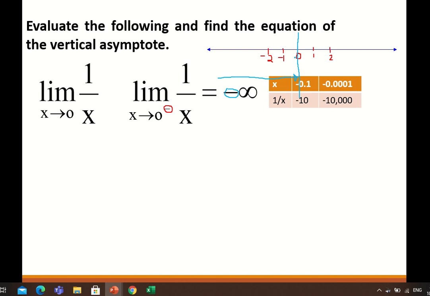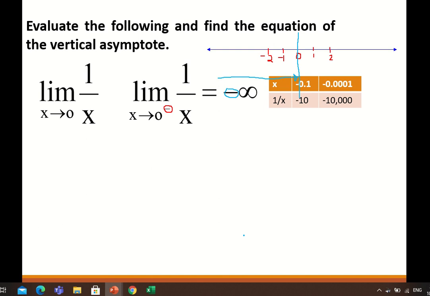But what we are talking about here is values getting closer to 0, like negative 0.000001. When you substitute it here, the quotient becomes a very huge number, and that is negative. So we represent it as negative infinity.